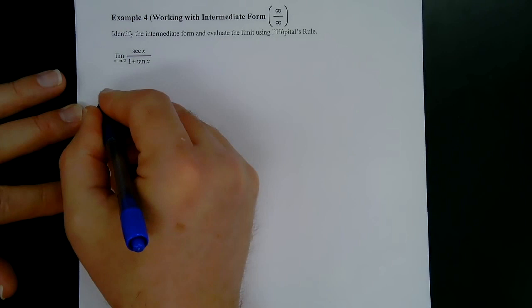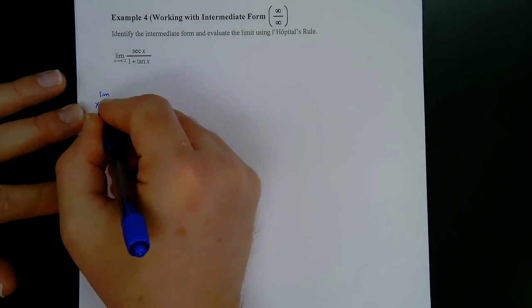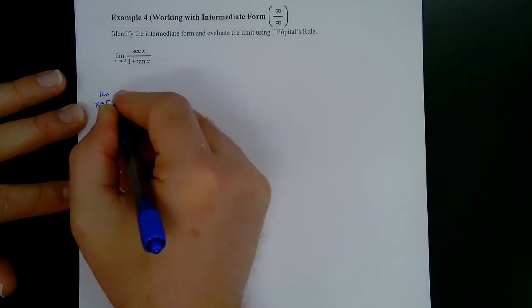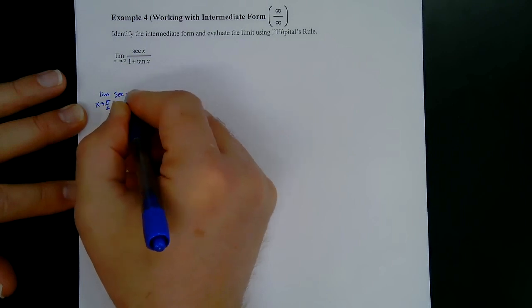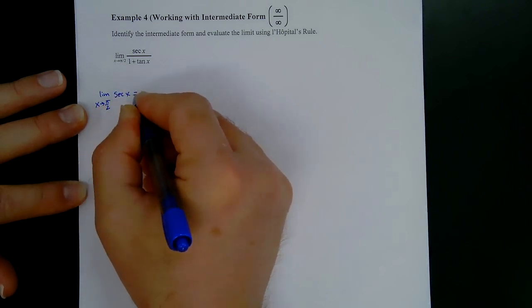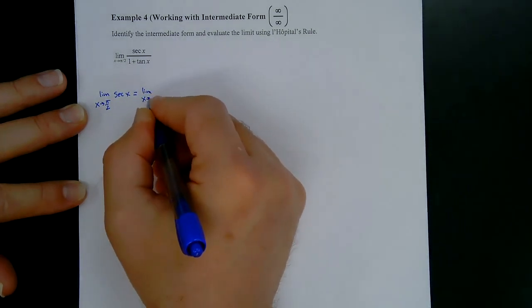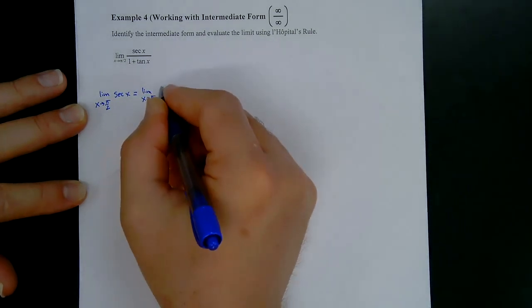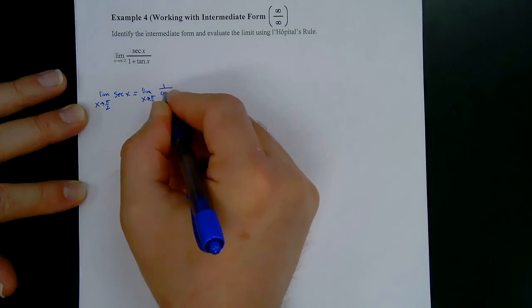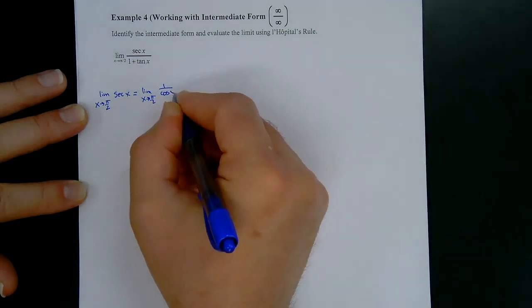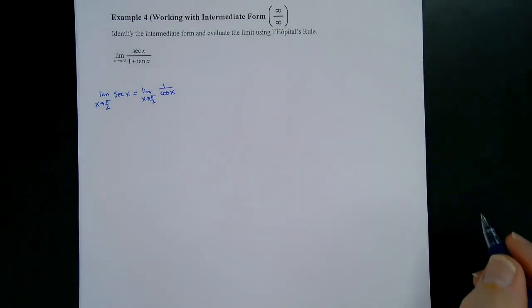So we're going to take the limit as x approaches pi over 2 of secant of x. Well, secant x is 1 over cosine of x. So this would be the limit as x approaches pi over 2 of 1 over cosine of x, okay?